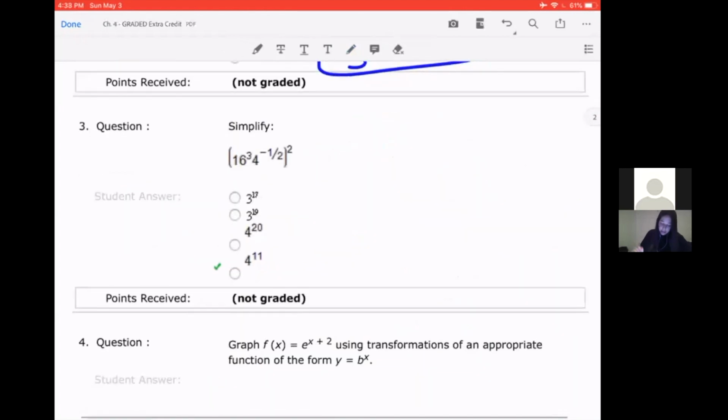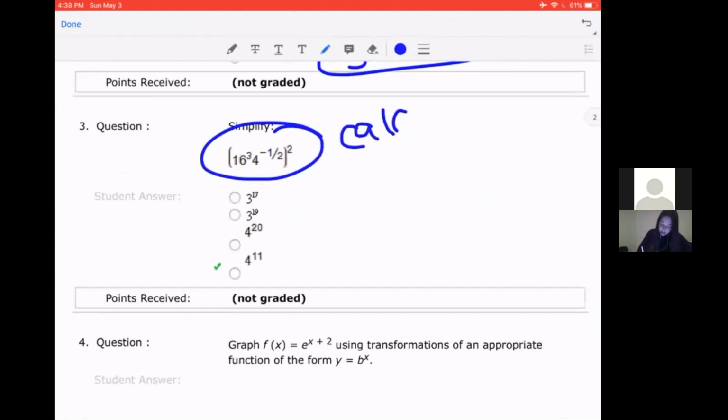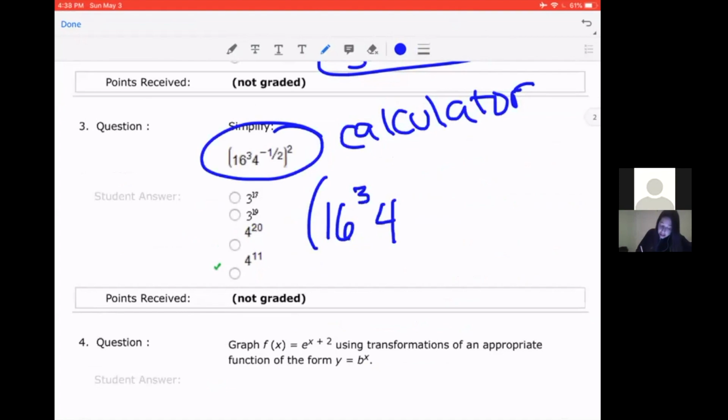For number 3, for simplification, all of this you guys can just put right into your calculator, okay? Please just make sure that you are careful with your 4 to the negative 1/2. So for example, in the calculator, you'd put parentheses, 16 cubed, 4 to the parentheses, negative 1/2, put another parentheses squared. Okay, guys? So just make sure you're really careful with that.